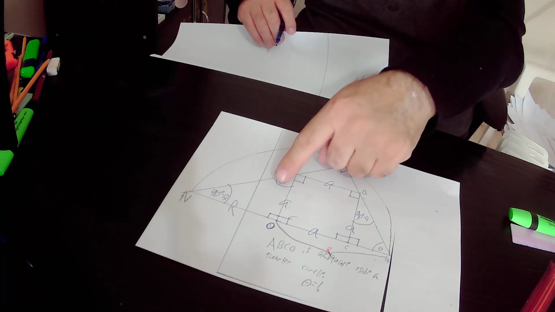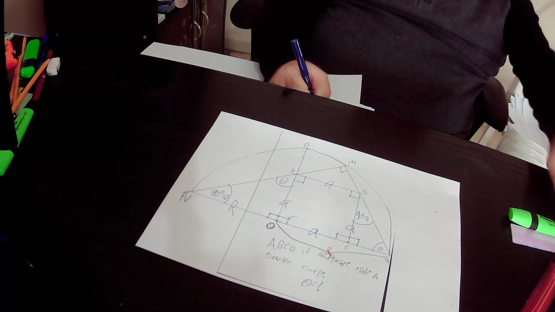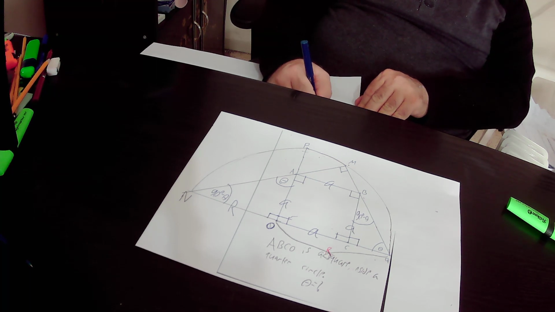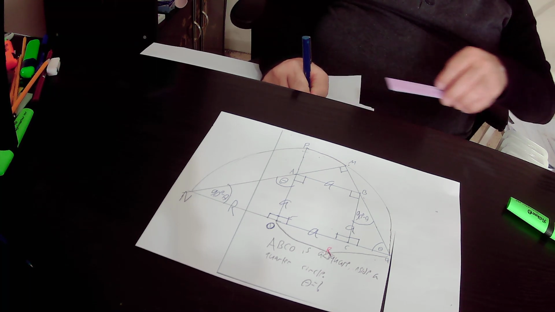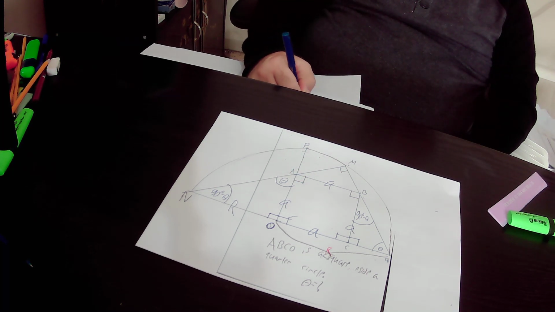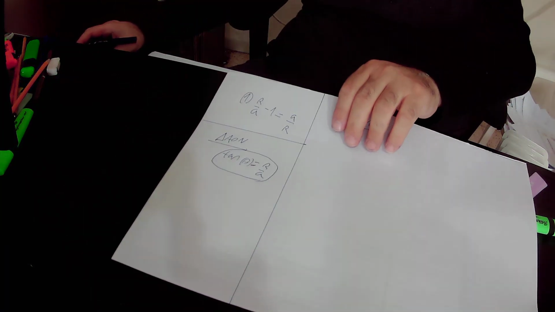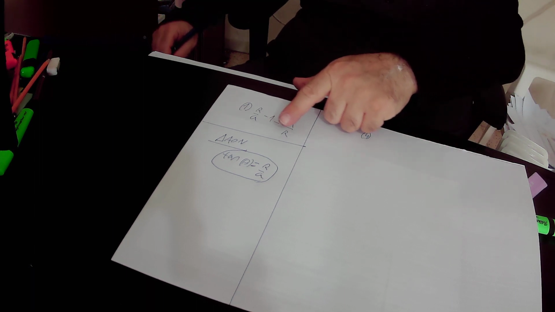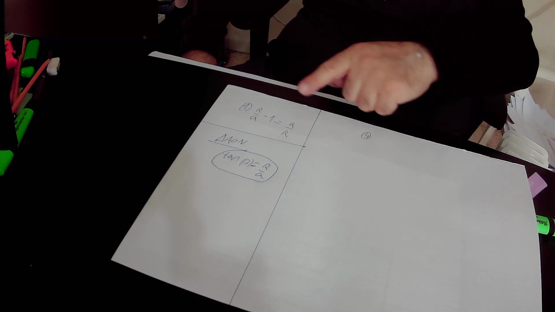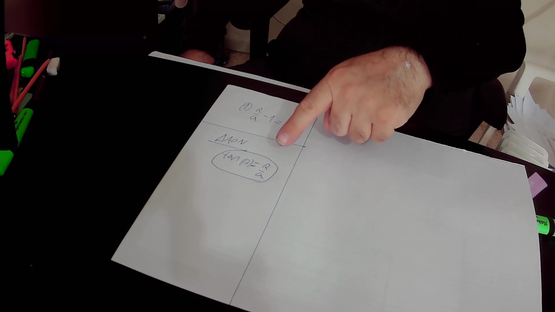In this right triangle, we know that tangent theta equals R over A. I repeat again, in the right triangle AON, tangent theta equals R over A, so we can substitute R over A by tangent theta.